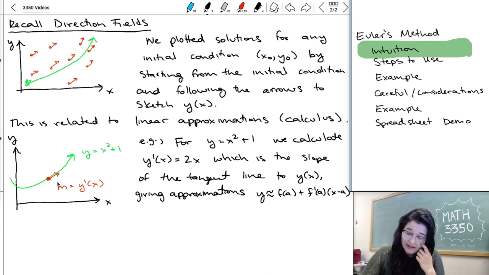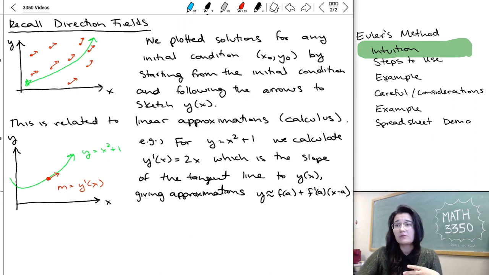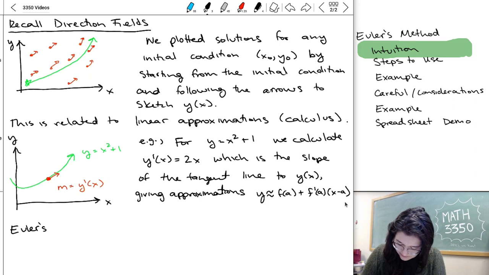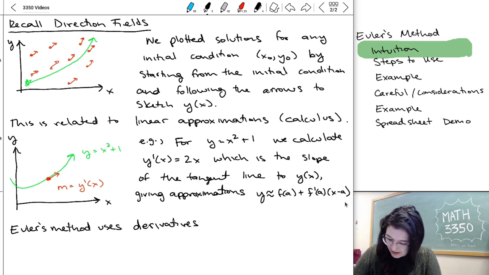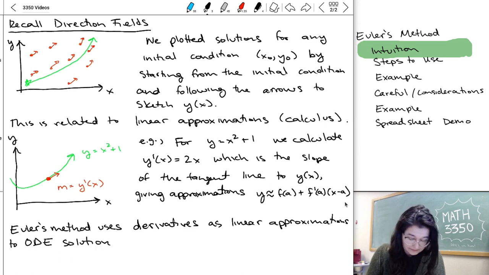And so in this section, we're going to be doing Euler's method with differential equations to sort of recreate the same process that should be familiar from calculus. So Euler's method is going to use derivatives as linear approximations to the solutions of an ODE.